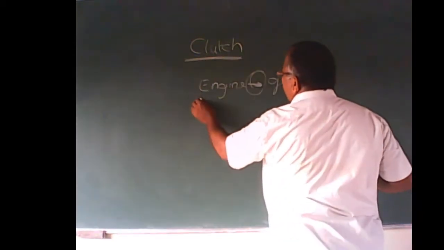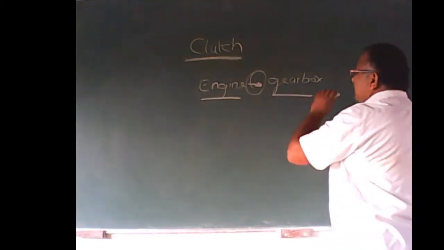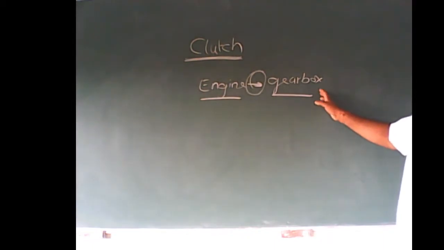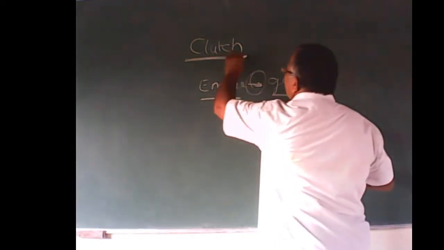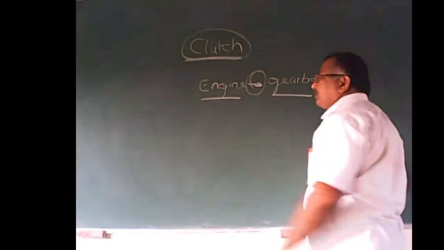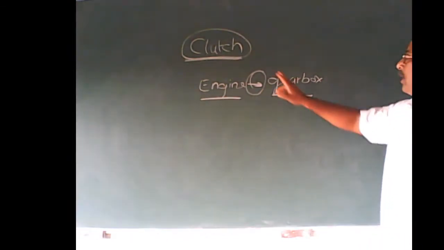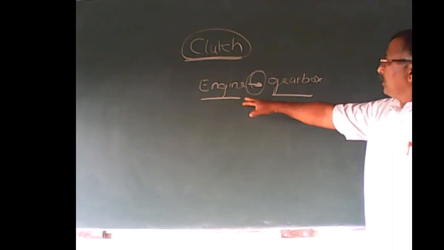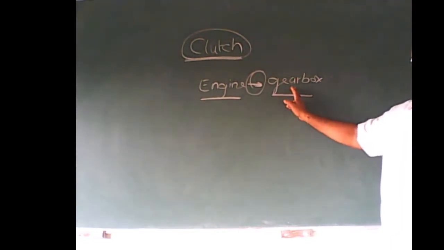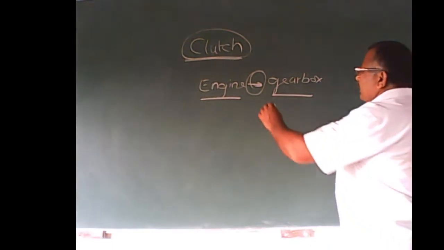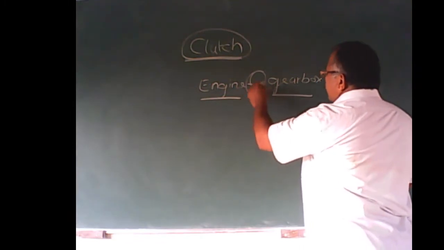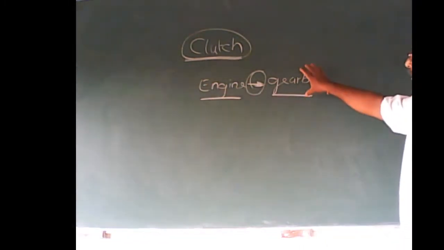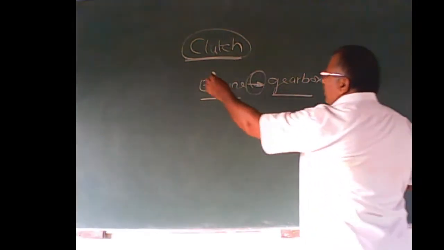The rotary motion of the engine is transmitted to the gearbox without any jerk with the help of the clutch. Clutch transmits the power gradually to the gearbox. That's why at the time of gear shifting, the clutch is operated.